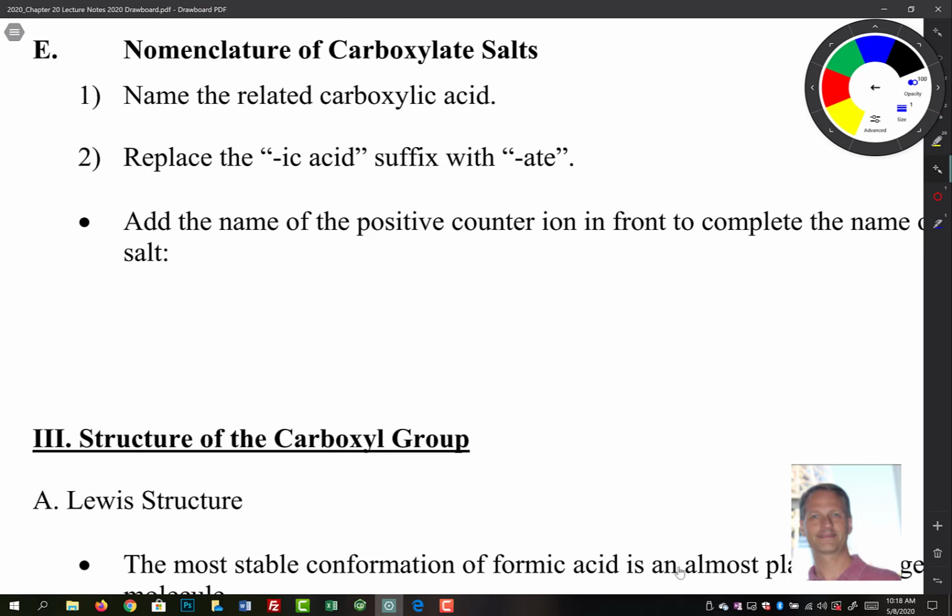Now, the nomenclature of carboxylic acid salts, or carboxylate salts, is fairly straightforward too. In fact, you already know how to do this. So let me show you guys this. CH3, OH, that's your carbonyl here. So that's acetic acid, and that can become this, and that is acetate.